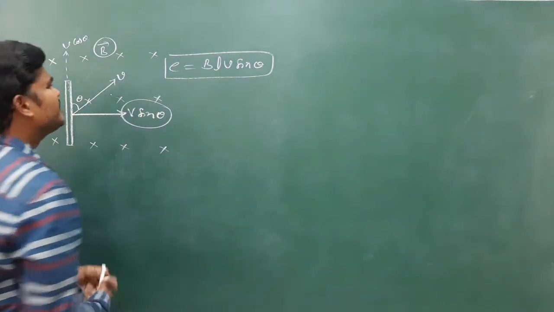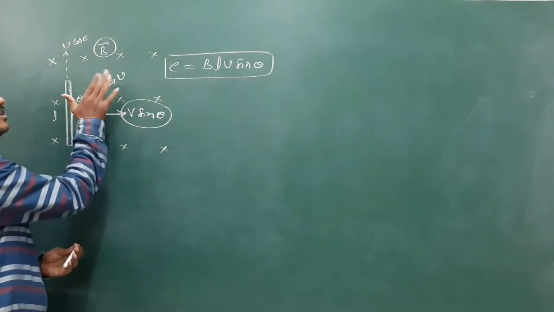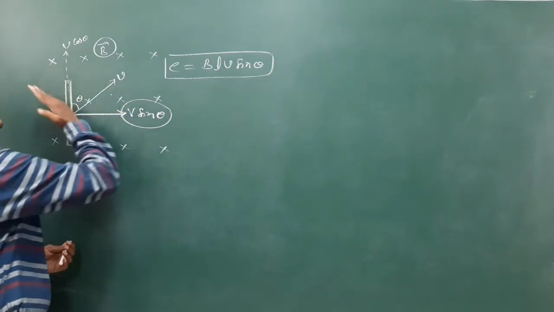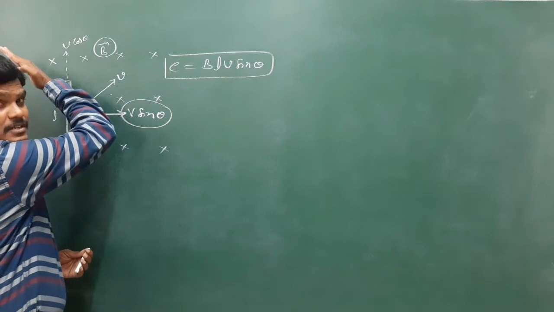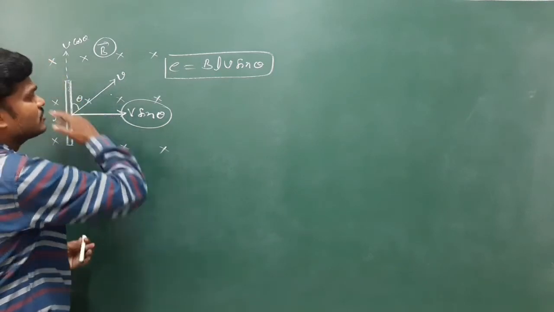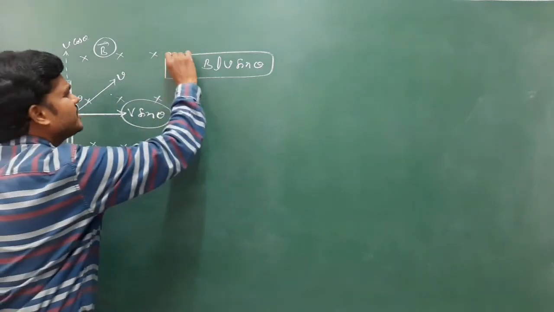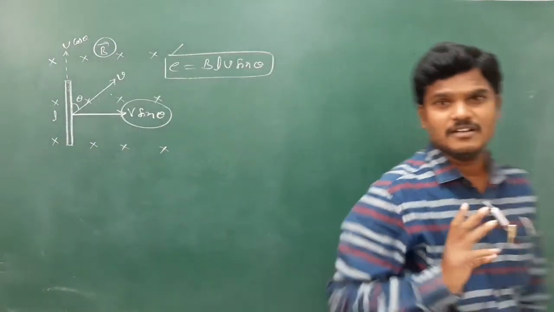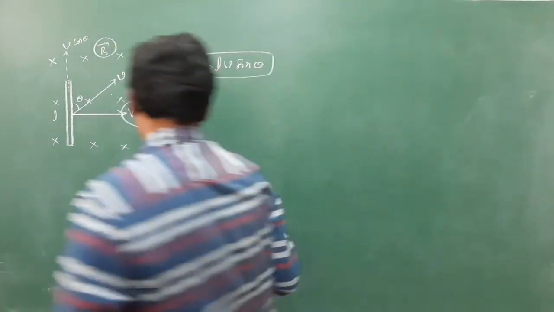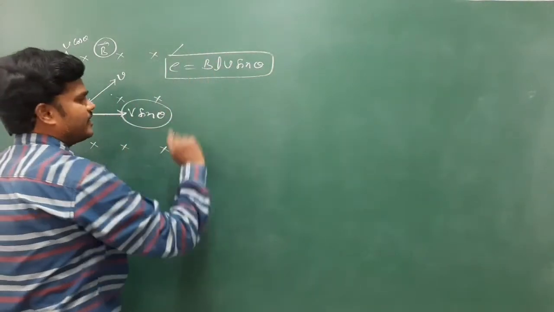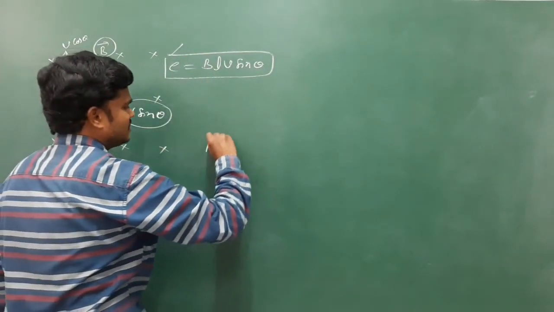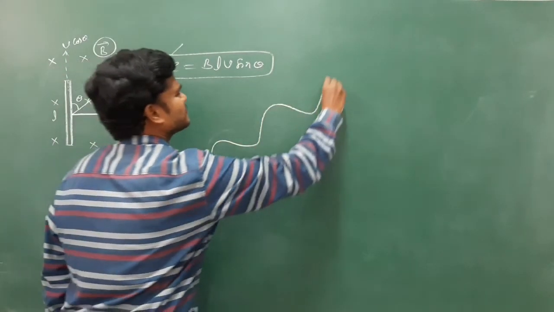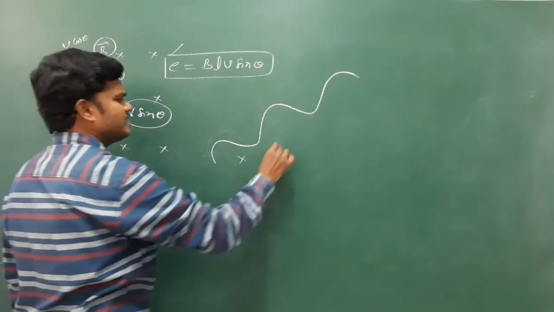Otherwise, you can use the V cross B rule for the direction. If the three are perpendicular, you can write it as BLV sin theta. In the same manner, try to find the induced EMF here. See, this is the wire, or otherwise they give the wire like this, and the field is into the board.